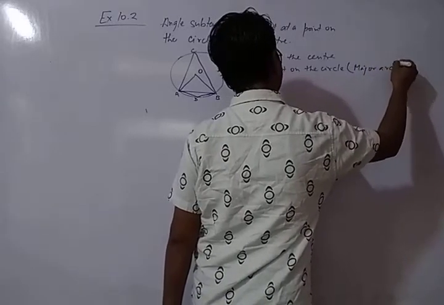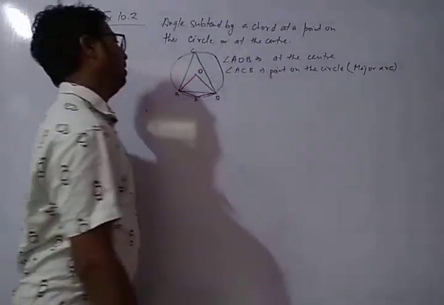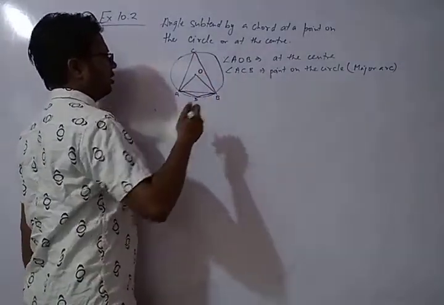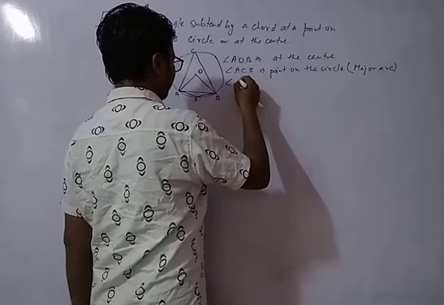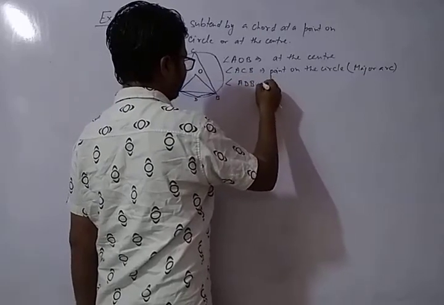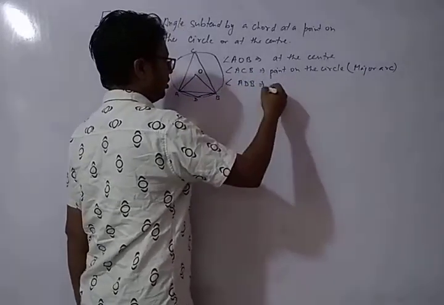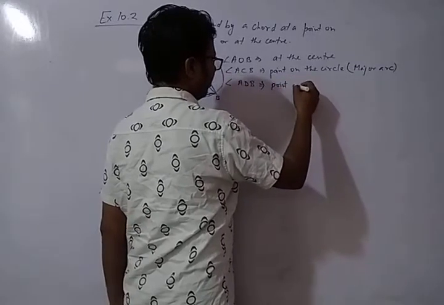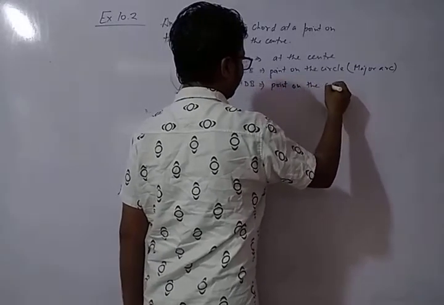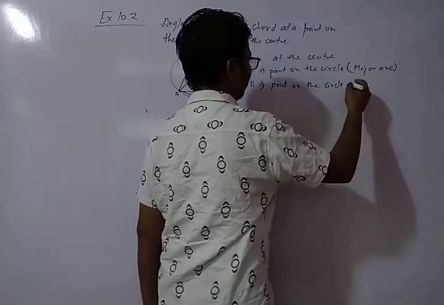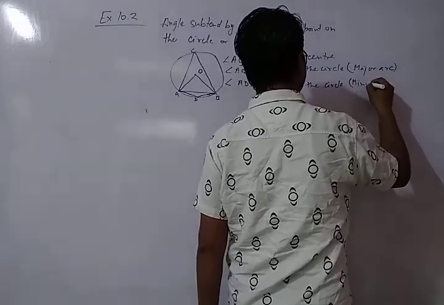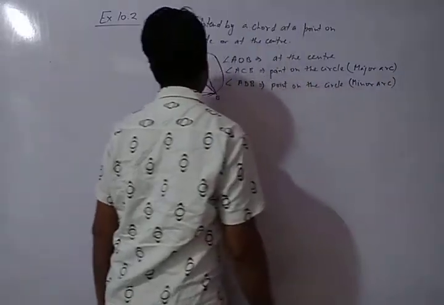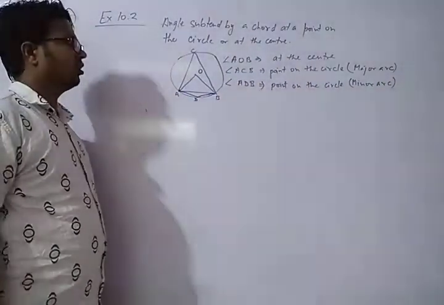Major arc. One more thing is that in point C, which lies on the major arc, then here ADB is a point on the circle and minor arc. Clear about it?